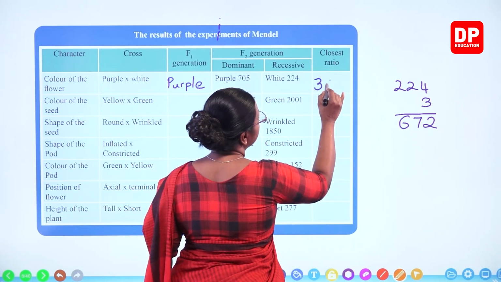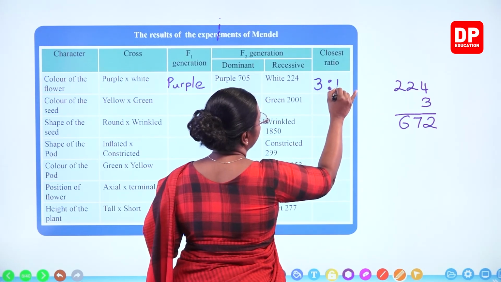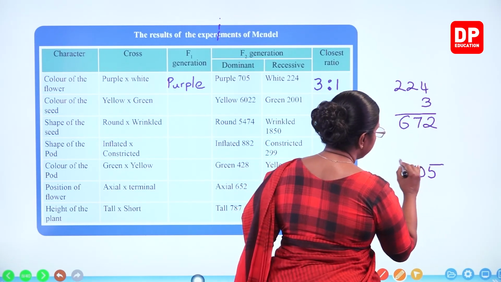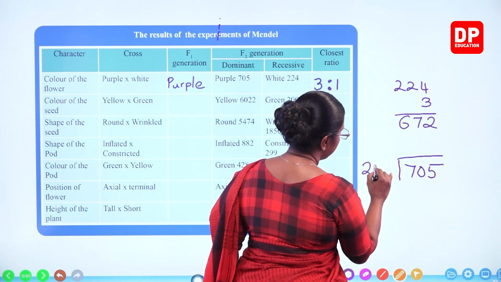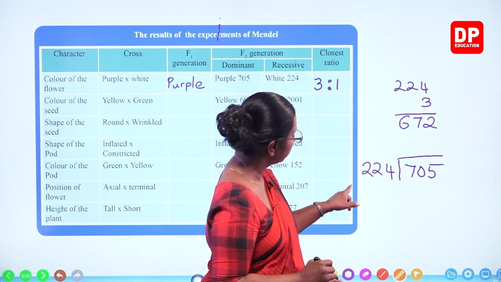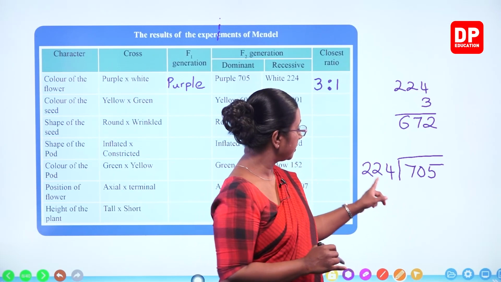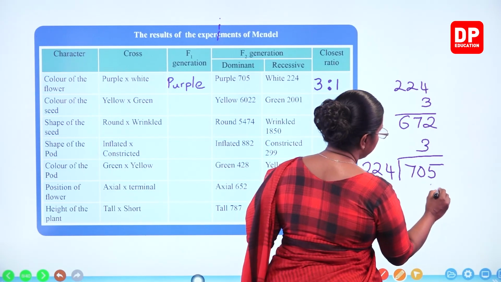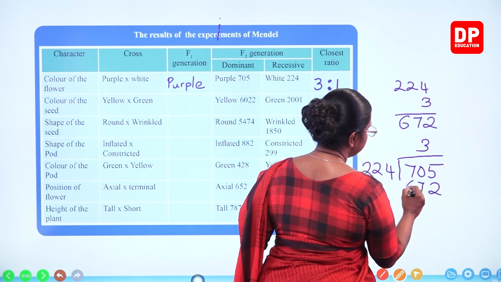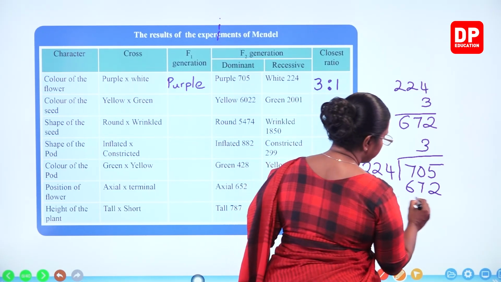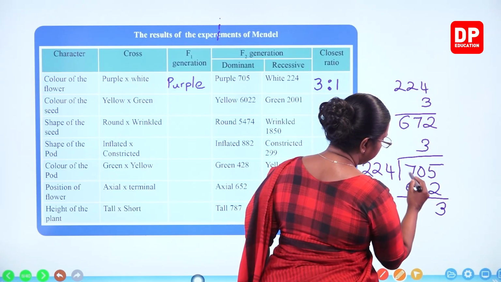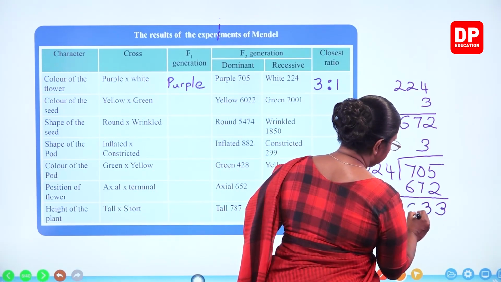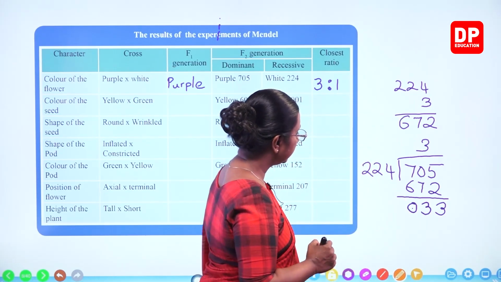It will be 3:1. So, even if we divide 705 by 224, you all know 200, 3 times is going to be 600. So, 3 into 4 is 12, 3 into 2 is 6, 3 into 7 is 21... we have already calculated 672. So, if you subtract, 33.